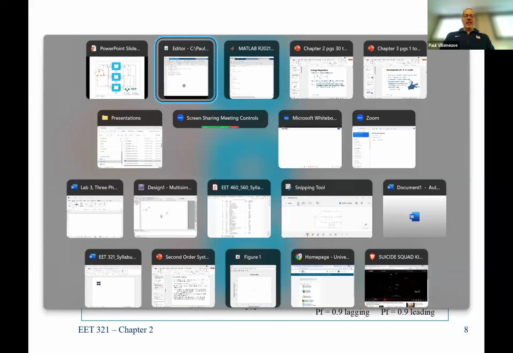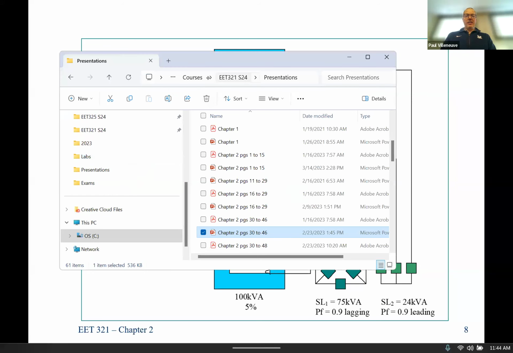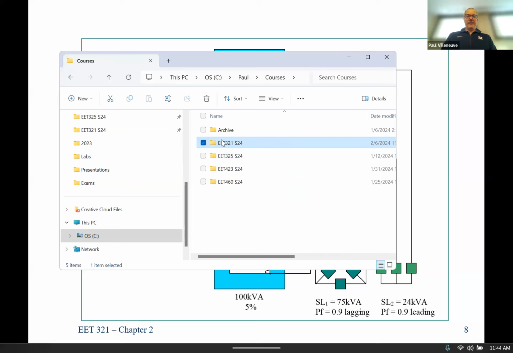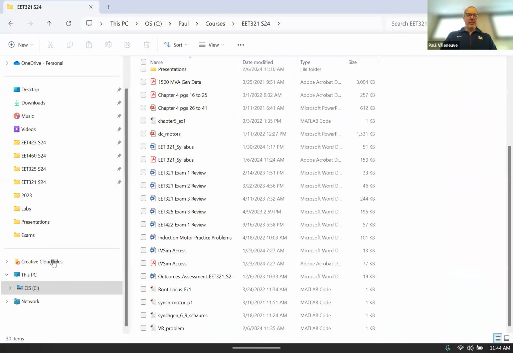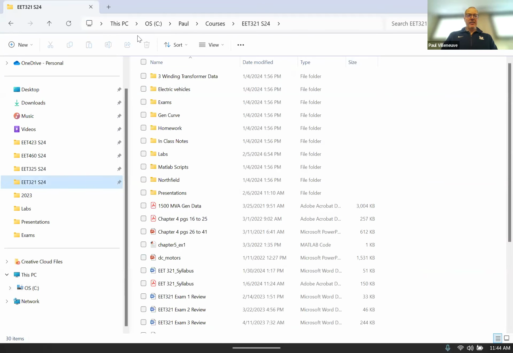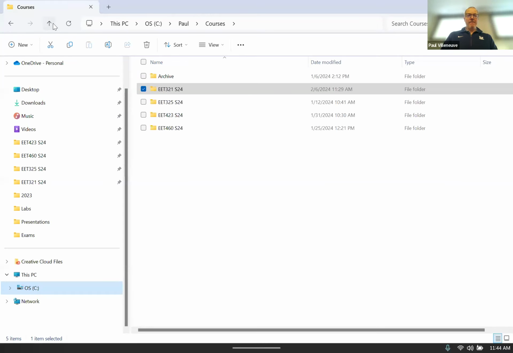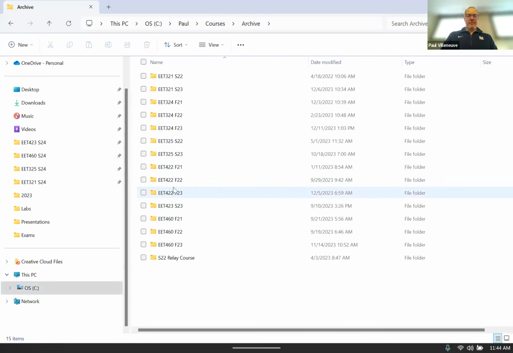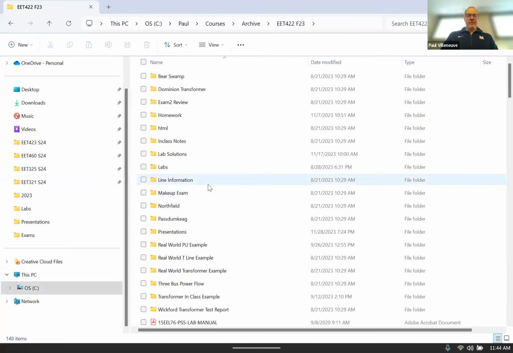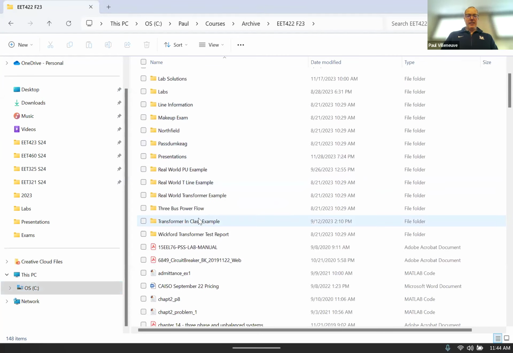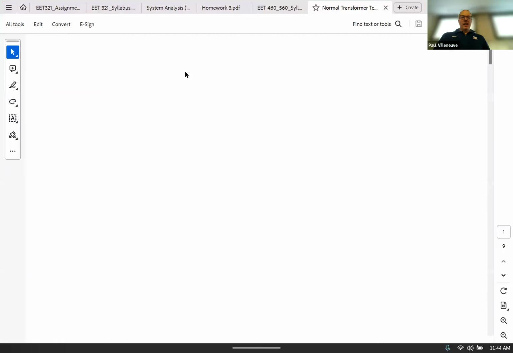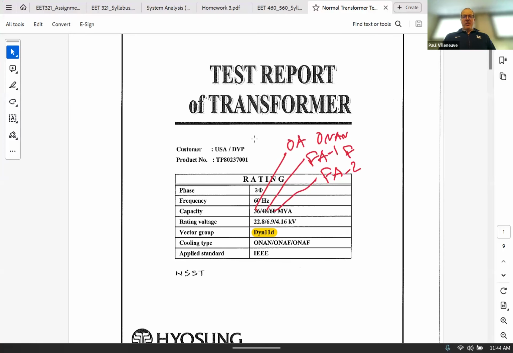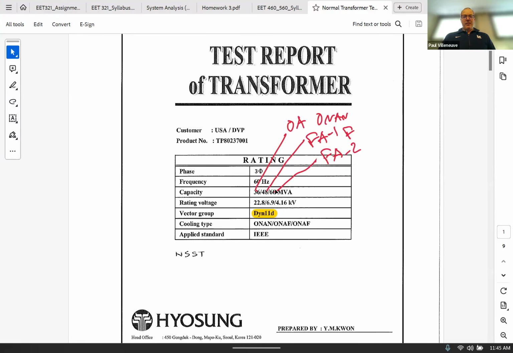If you remember when we looked at transformer tests, let's see if I have it in this class or is it a different class? I can't remember. It might be in a different one. Well, I know it's over here. So let me go back here. And let's see. So this is a transformer, and this is a fairly big transformer. Well, this is a three-phase one.